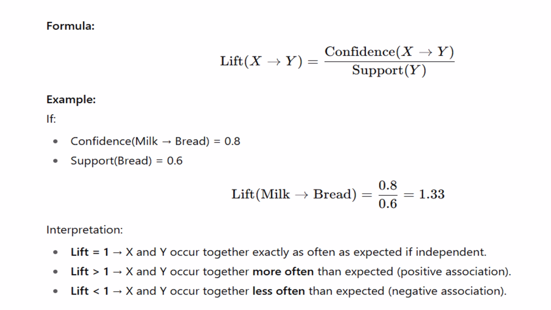That is, we can say X and Y occur together 33 percent more often than expected. That is, a 33 percent positive correlation between milk and bread is there.